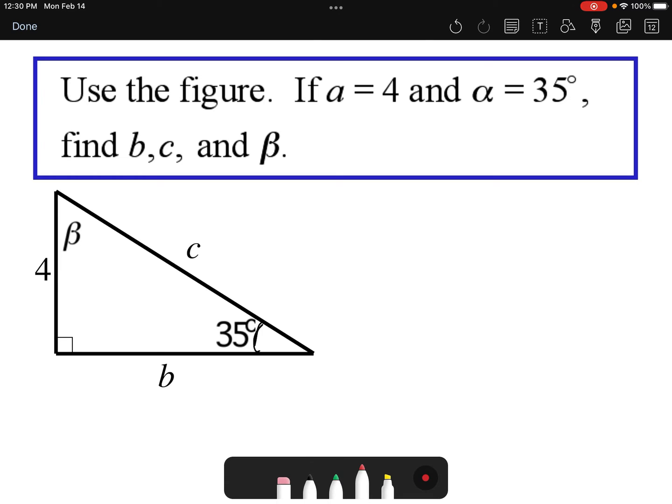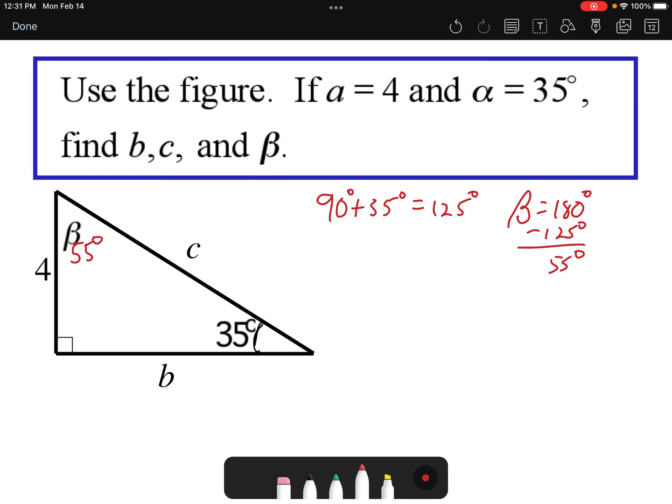Well, then I think 90 plus 35 is 125. So beta is equal to 180 minus 125, which is 55. So that takes care of our angles, 55 degrees.